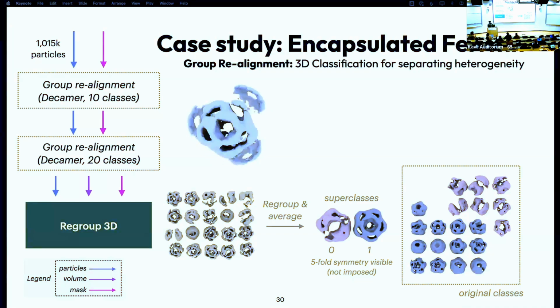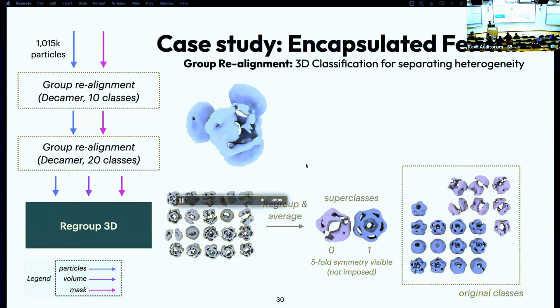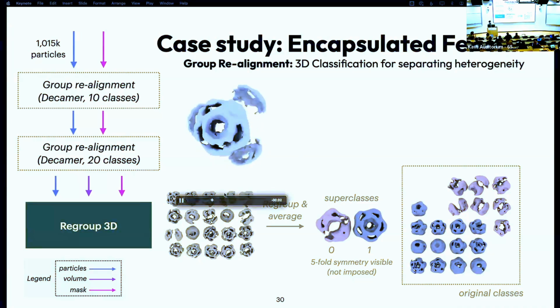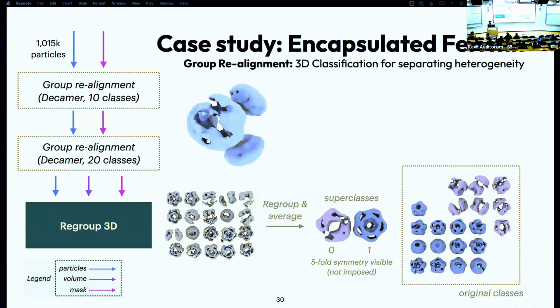And you can see from these gray classes that they looked like they were divided into two main groups. These bottom rows right here had that five-fold symmetry apparent. And then we saw some classes where it seems like they're broken, or maybe they're misaligned or something, but we probably want to get rid of them if we want to do anything downstream.